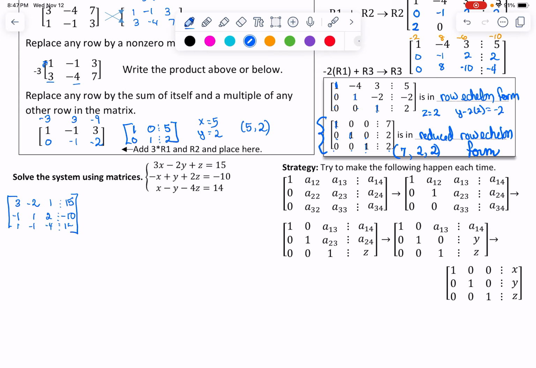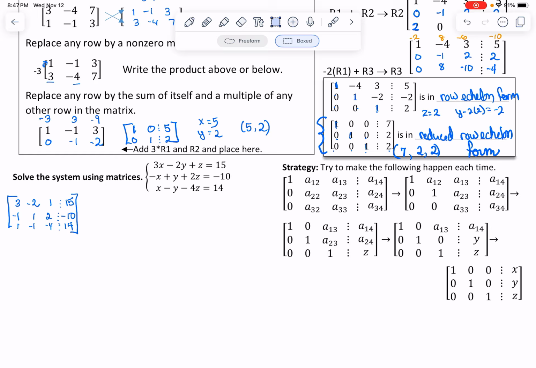The strategy that I like to give to students is to always start by creating this column that has a 1 in the top row and 2 zeros below it. Because once we get a 1 and 2 zeros, that's going to help us be able to start then eliminating and getting it into a row echelon form.